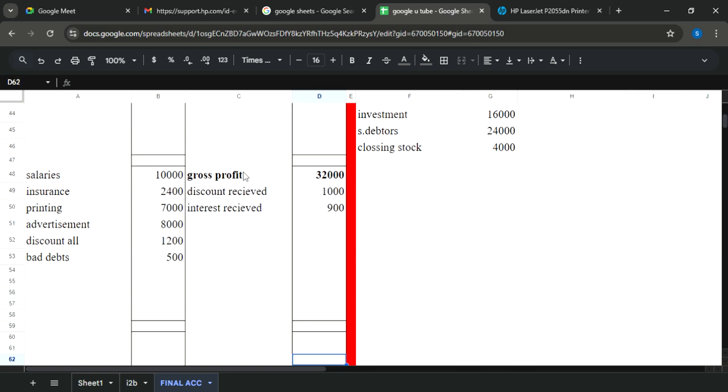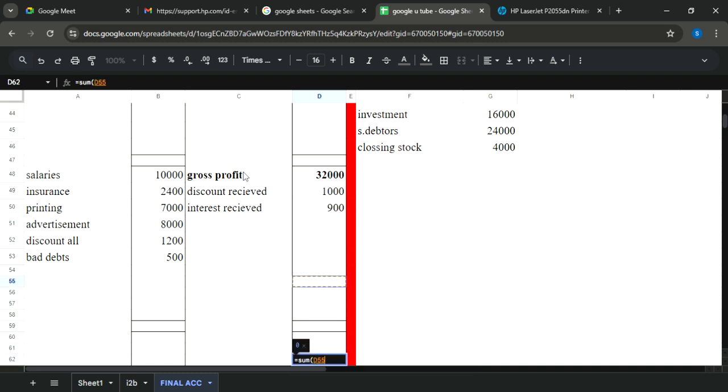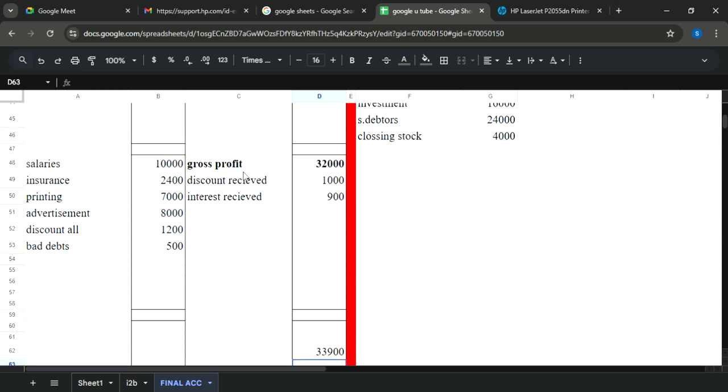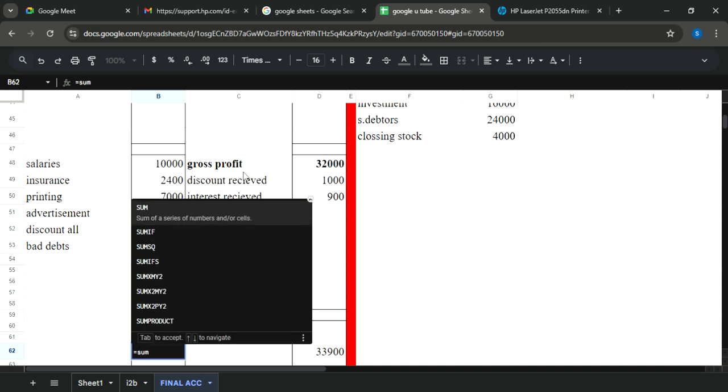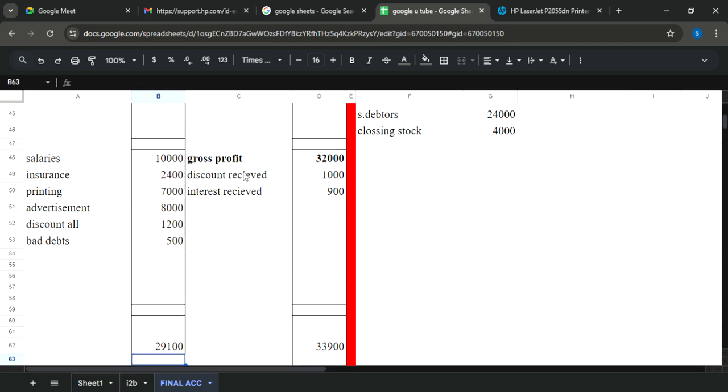It's now time to calculate your net profit. First, we will take the sum of both sides. Step number 1, 3 items were present over here. This is the sum of the credit side, and now you will take the sum of the debit side.